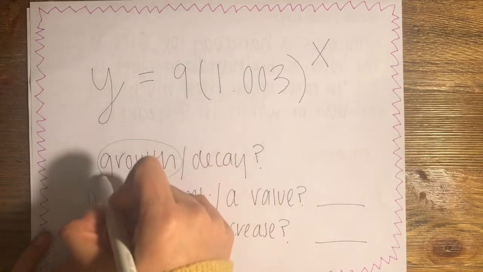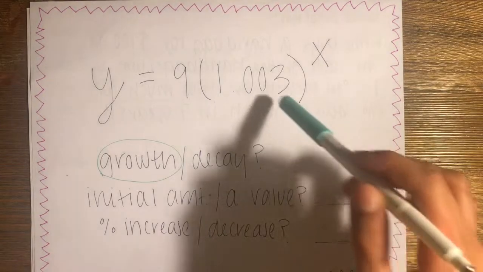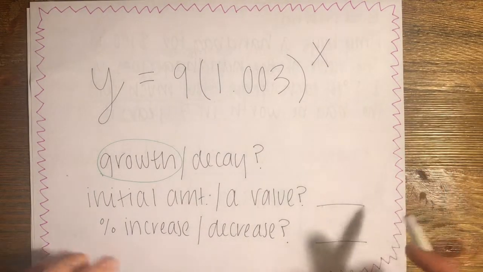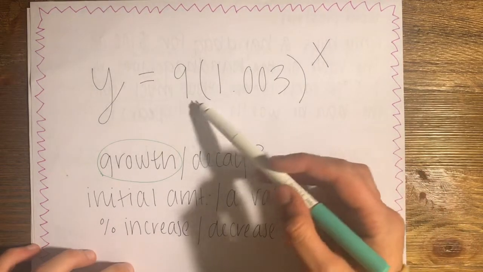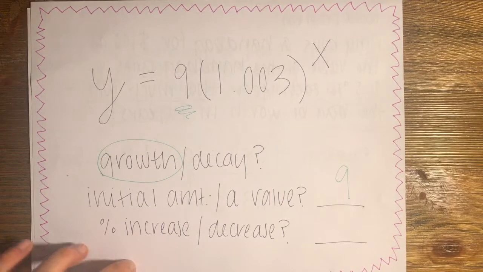So we'll go ahead and circle that. And then it asks, what is our initial amount that we started with, or our A value? You can start to see how the equation works here with an example. So our initial amount, or our A value, which is right here, is 9.